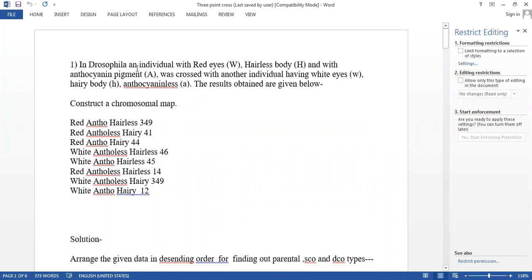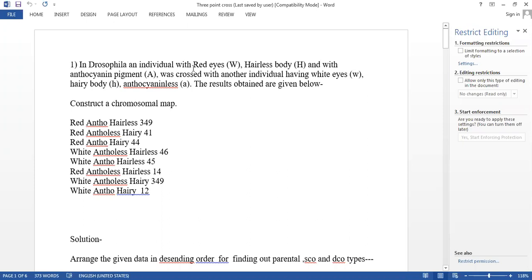A problem is given in Drosophila, an individual with red eyes. Gene for red eyes is W. Hairless body, gene is capital H. And anthocyanin pigment, gene is capital A. So this is one individual, capital W, capital H, and capital A. This is crossed with another individual having white eyes, gene small w, hairy body, gene small h, and anthocyanin-less, gene small a.